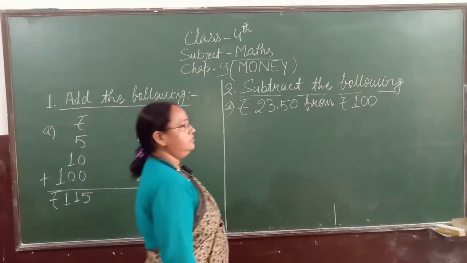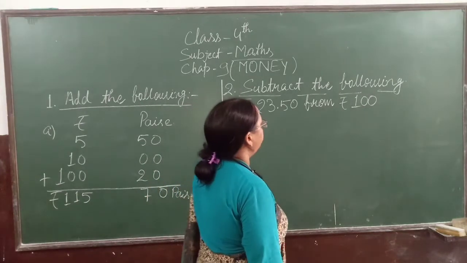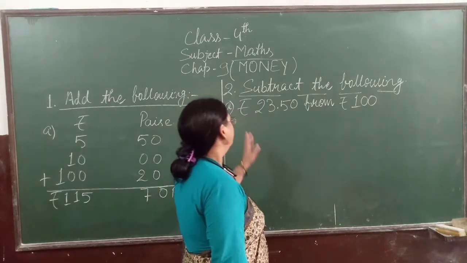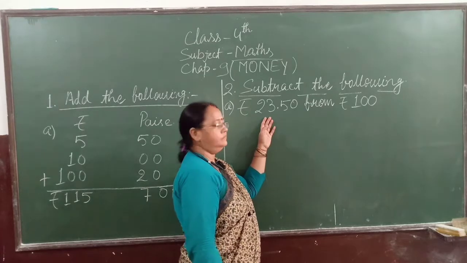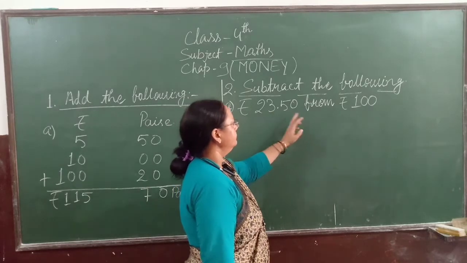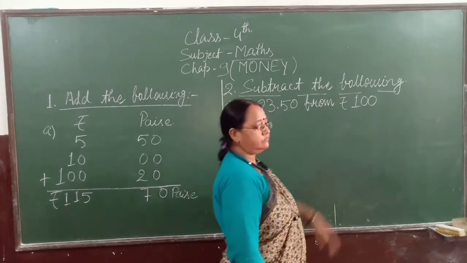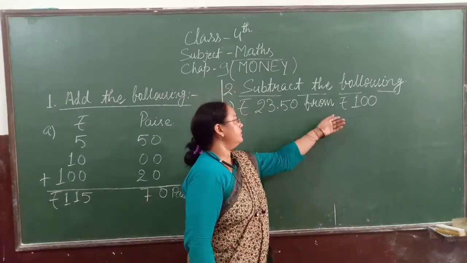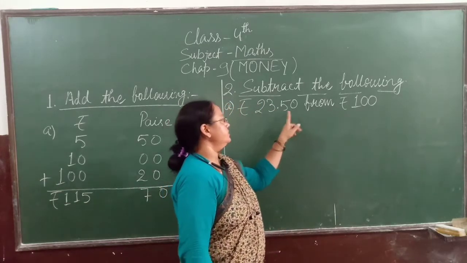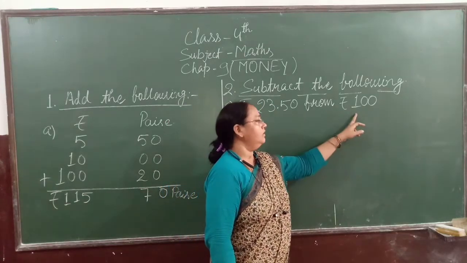Now question number 2, subtract the following. Rupees 23.50 from rupees 100. So here we have to subtract 23 rupees 50 paise from the 100 rupees.